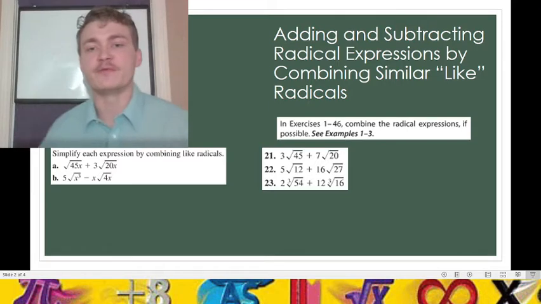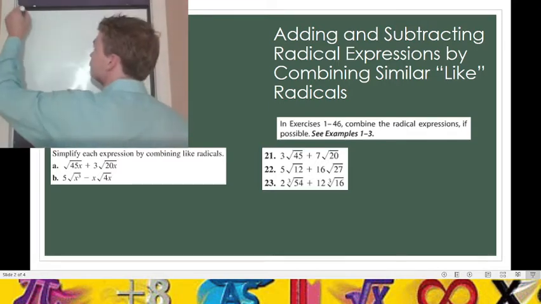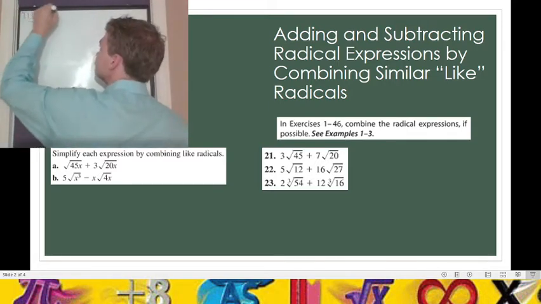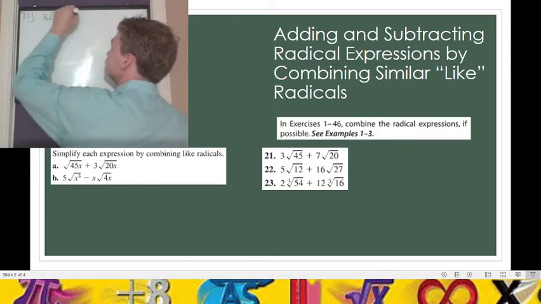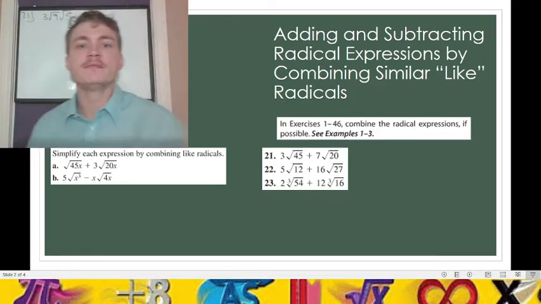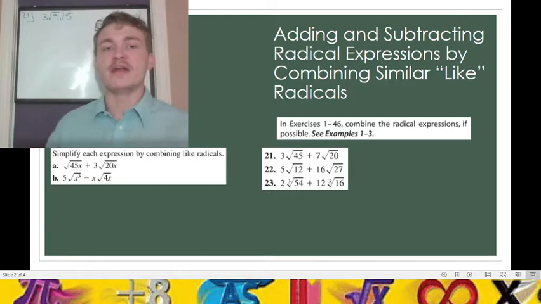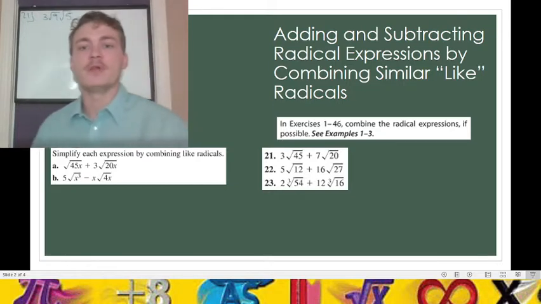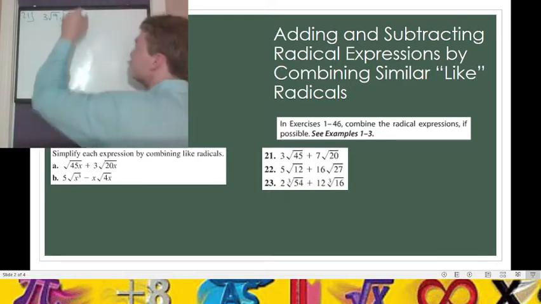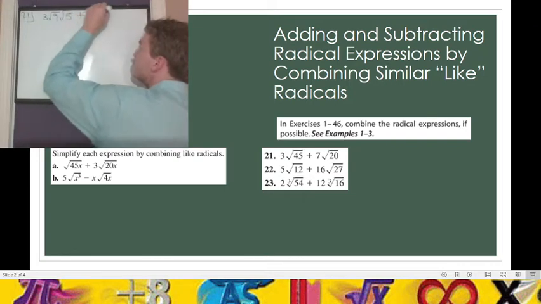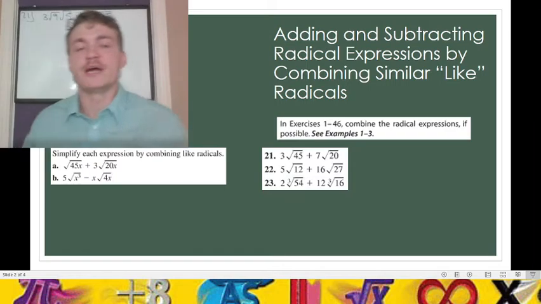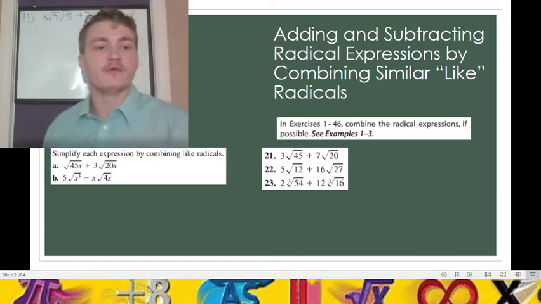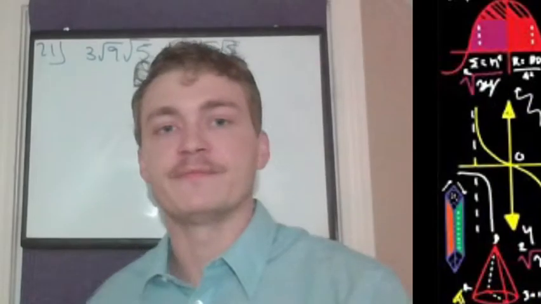For 3 square roots of 45, as we saw in part A, square root of 45 is the square root of 9, multiply the square root of 5, plus 7 square roots of 20. And of course, 20 is 4 times 5, thus giving us the square root of 4, multiply the square root of 5.